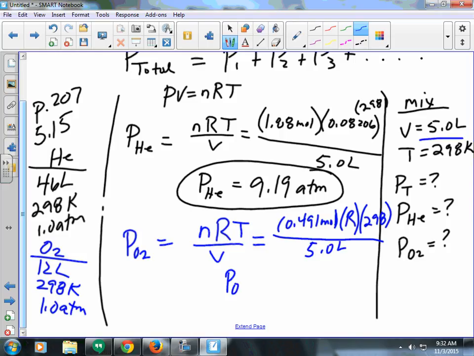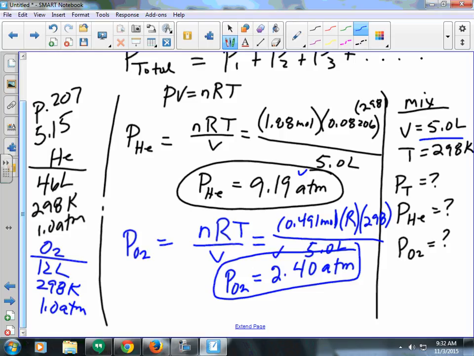And that's the partial pressure of oxygen. I got 2.4. I got the 2.4 too. Check that the math makes sense. 2.40 atmospheres. Okay, so this is the partial pressure of helium, 9.19. Okay, partial pressure of oxygen.